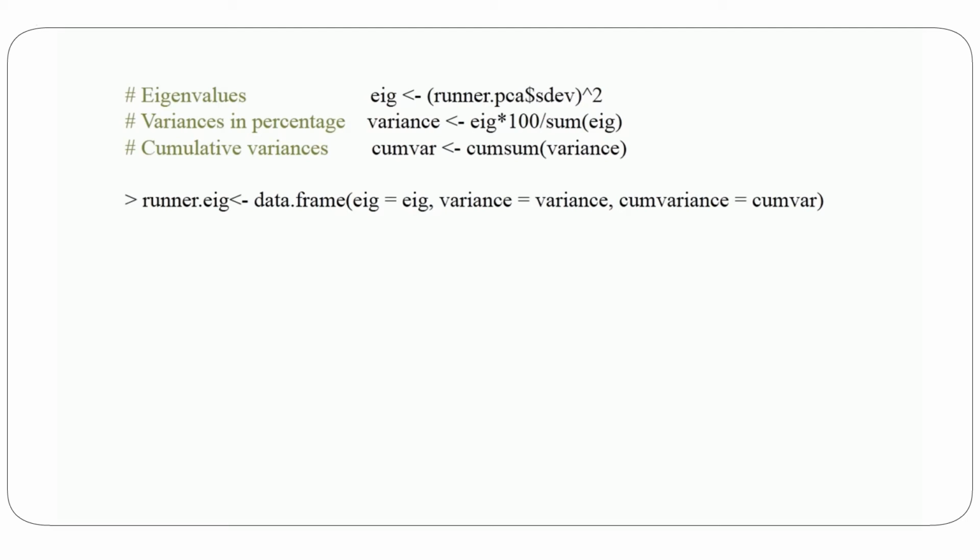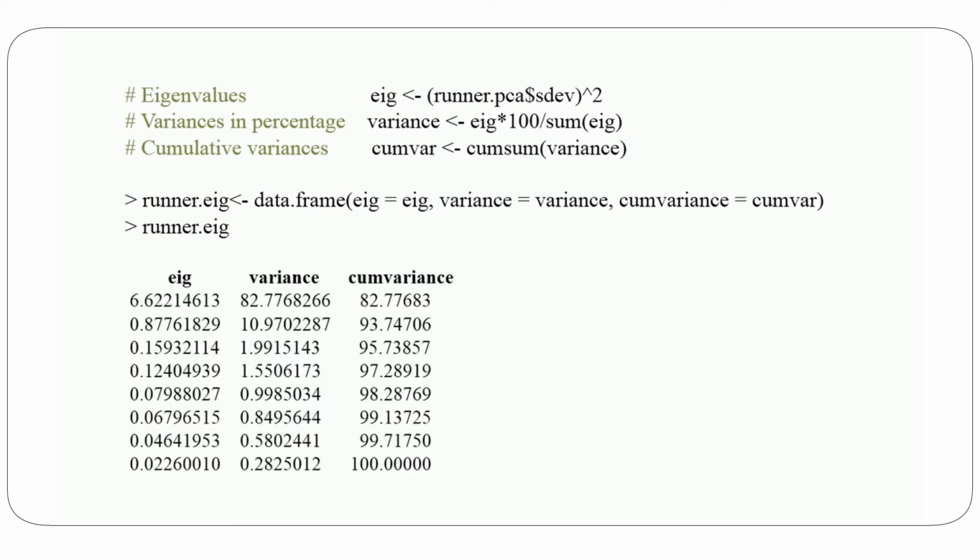We also find the percentage of the variability explained by the different principal components and also the cumulative percentage of the variability explained by the different principal components. For simplicity, we arrange them in a data frame and we have the following.